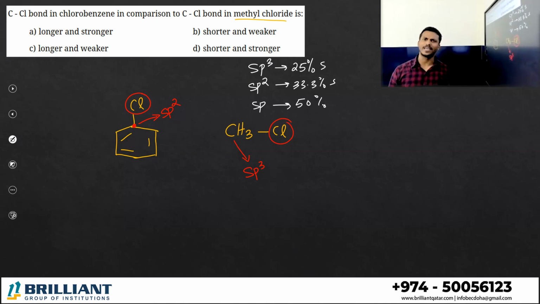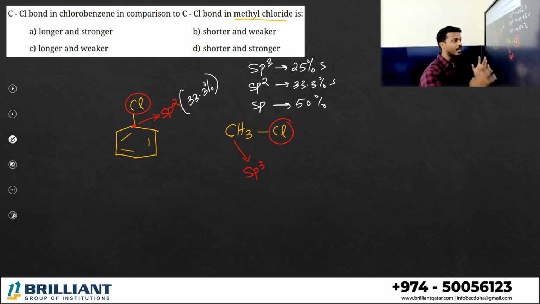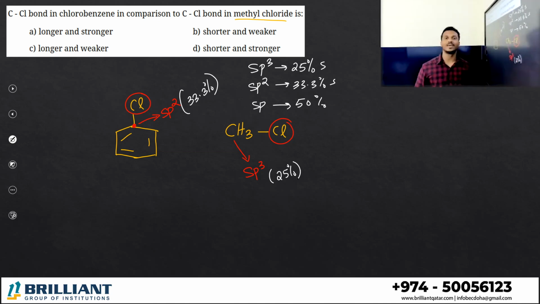Why are we discussing S character? As the S character increases, electronegativity of that element increases. Here we are discussing the hybridization for carbon atom. So carbon sp2, I told you, 33.3% S is there. In sp3 only 25% S is there. What will happen?